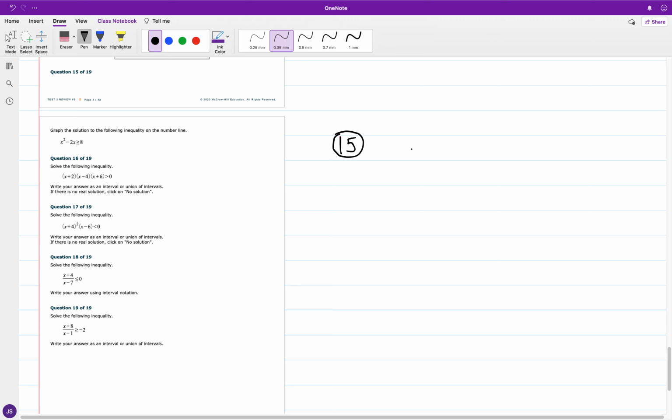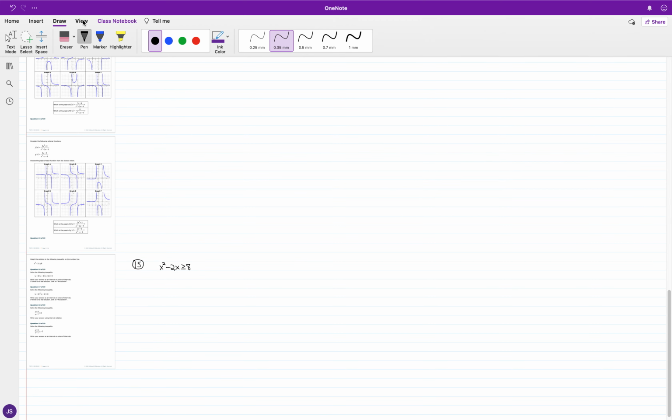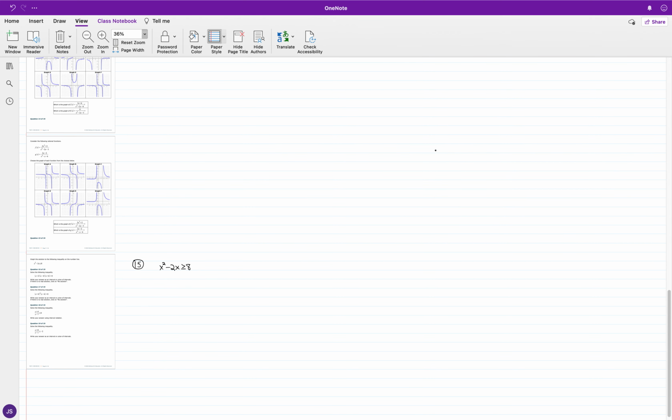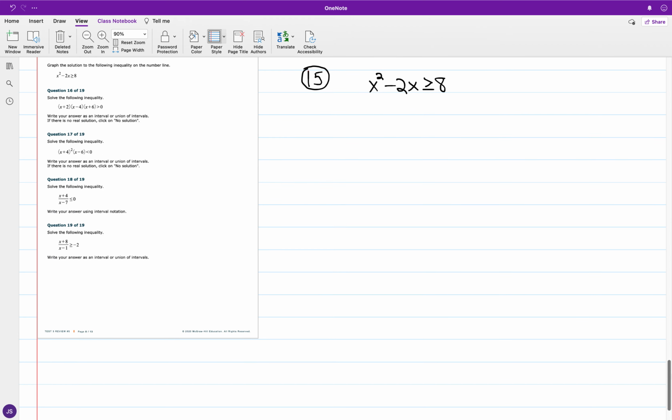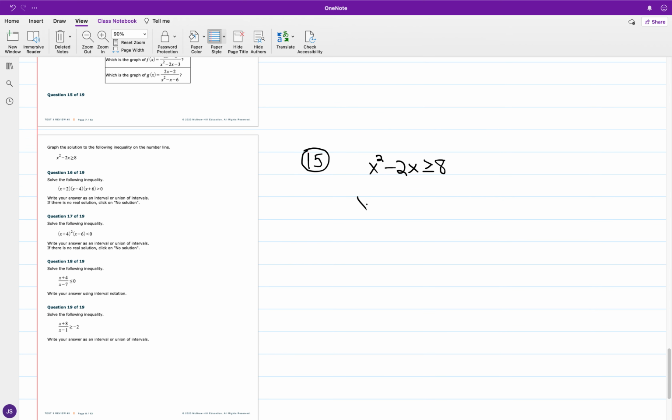Solving for x in this one, just rewriting it as a comparison to 0 inequality, we have x squared minus 2x minus 8 is greater than or equal to 0.